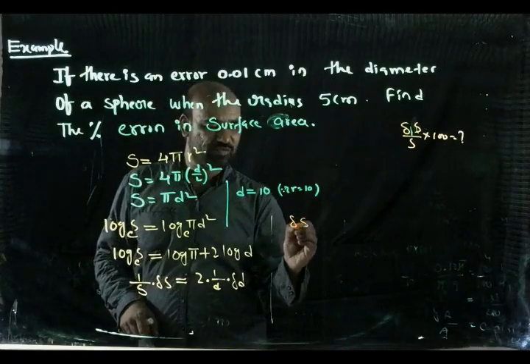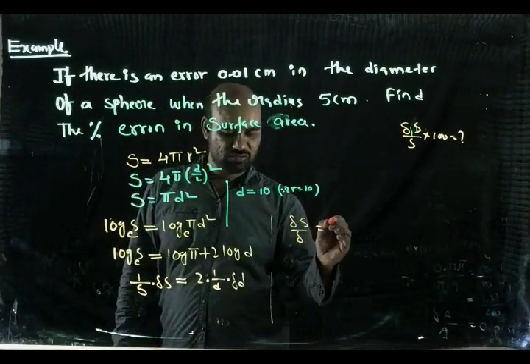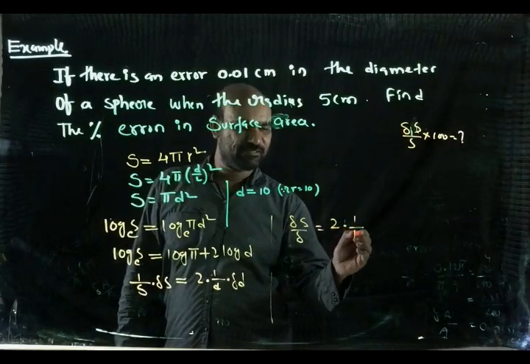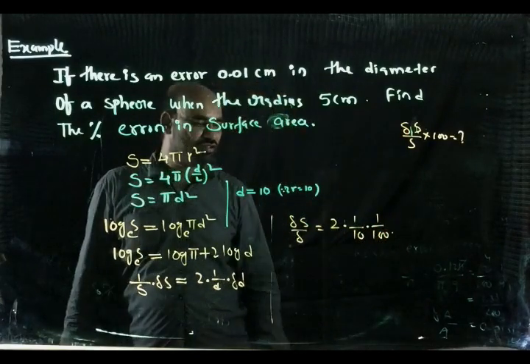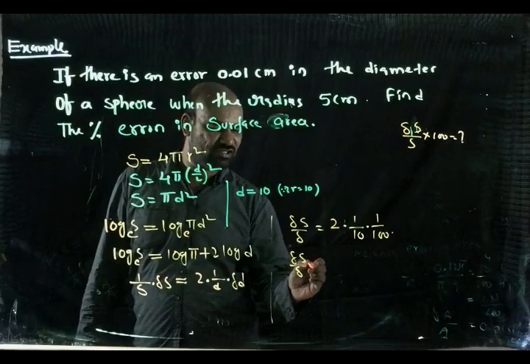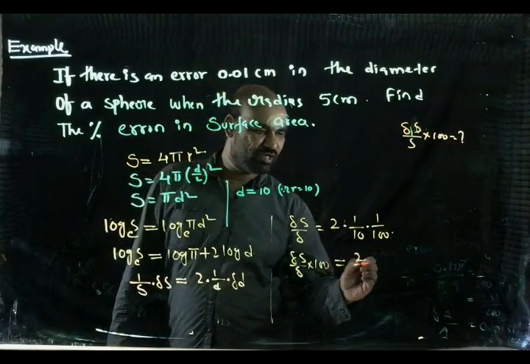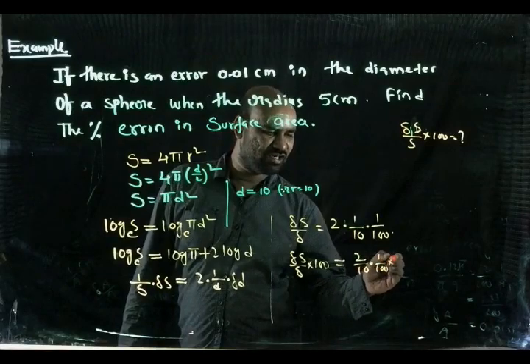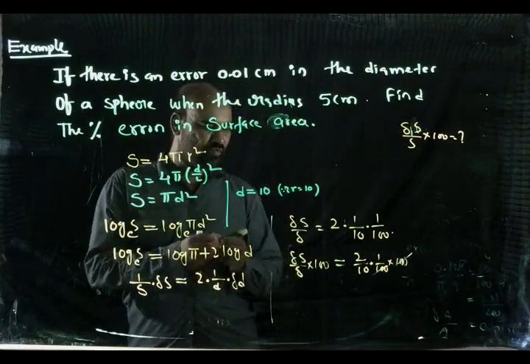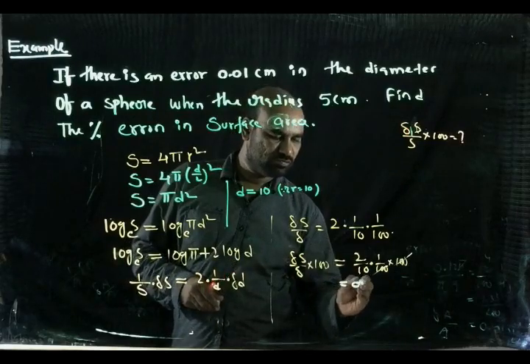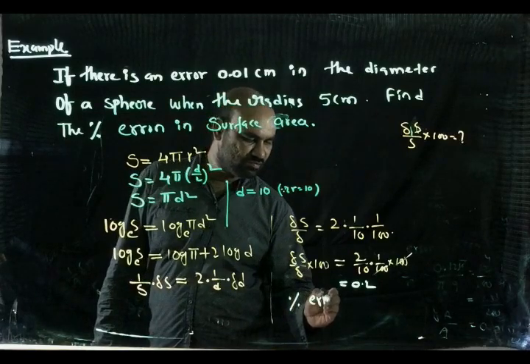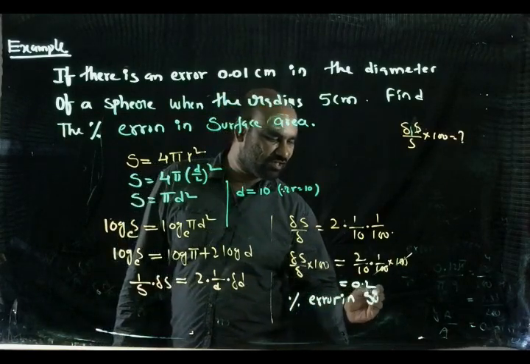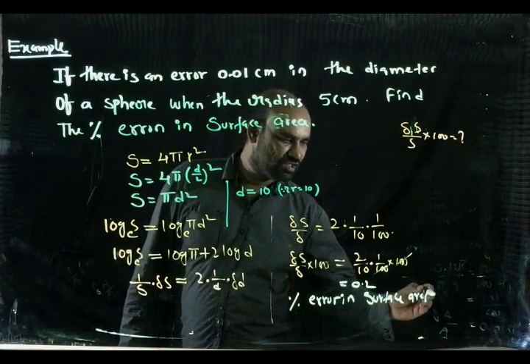So delta S by S equal to 2 into 1 by d, means here 10, into delta d, error is given as 1 by 100. So what do you want? Delta S by S into 100 you want. That is 2 by 10 into 1 by 100 into 100. That is 0.2. Means percentage error in surface area equal to 0.2.